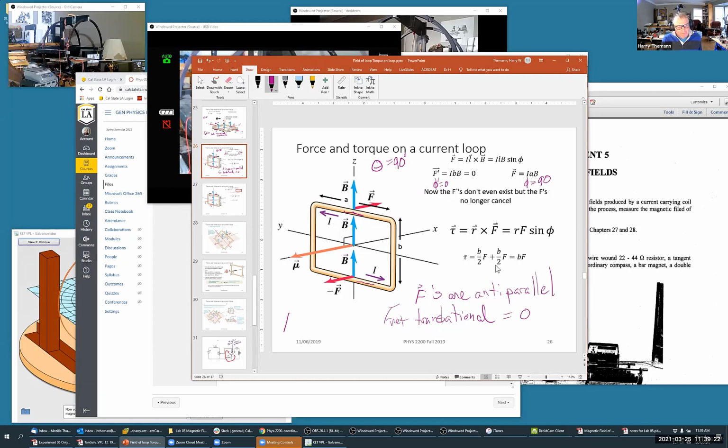To be very precise, F dot some translational motion, which could be X, Y, Z when you express it like this, is always equal to 0. Of course, a wire can move sideways, but there's no net increase in kinetic energy.